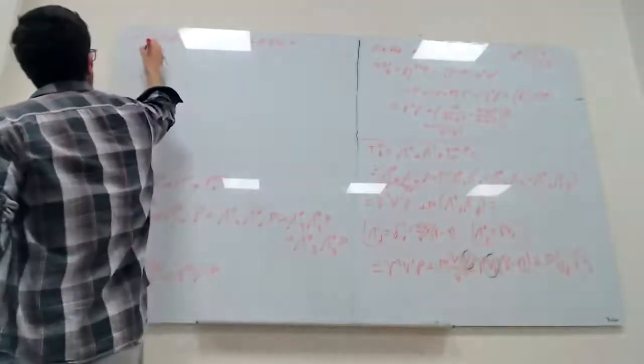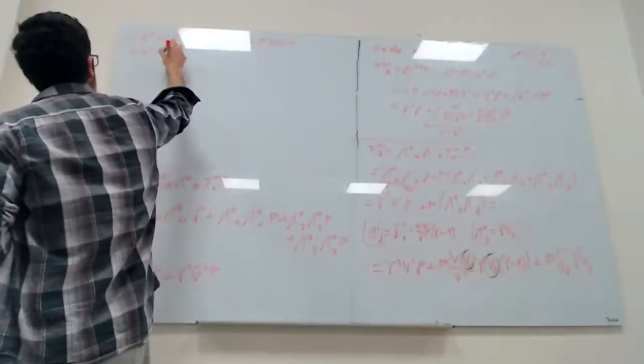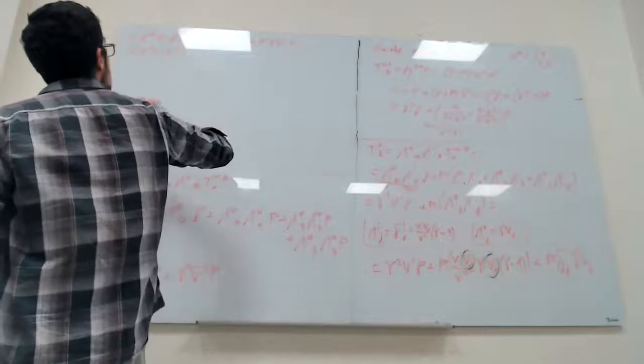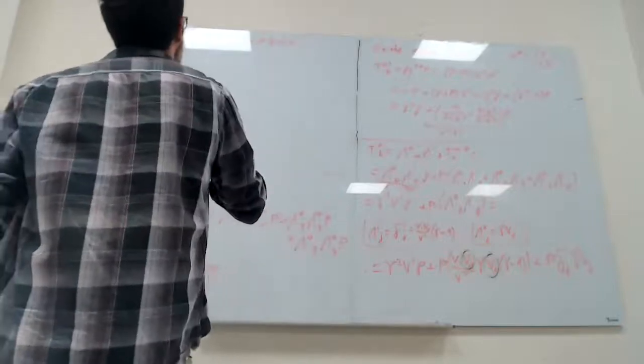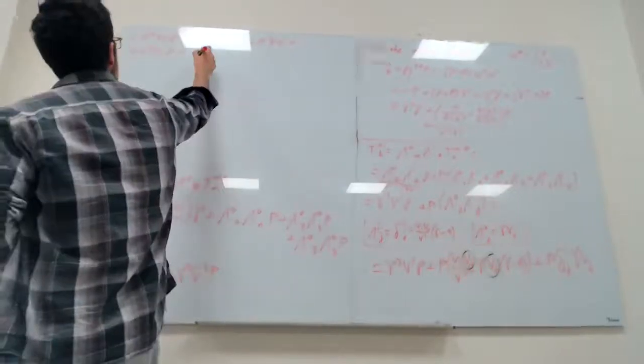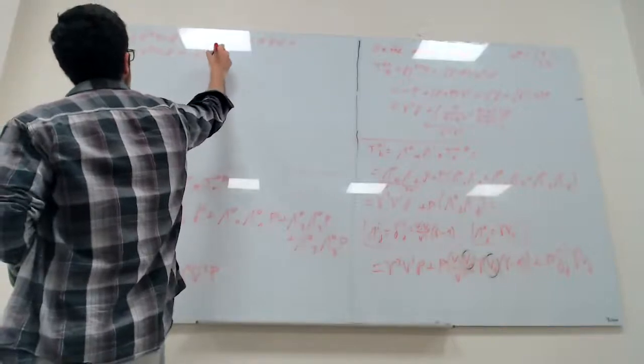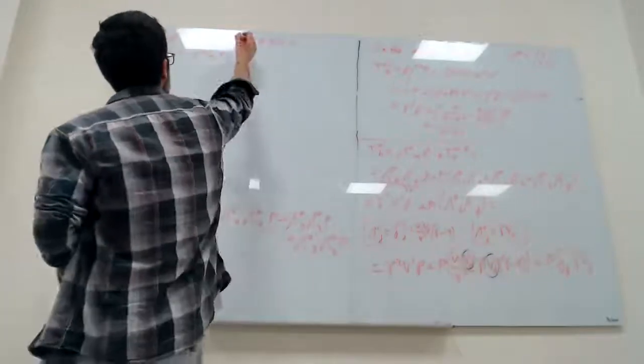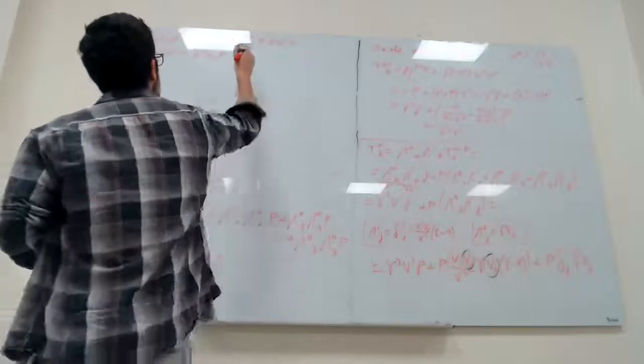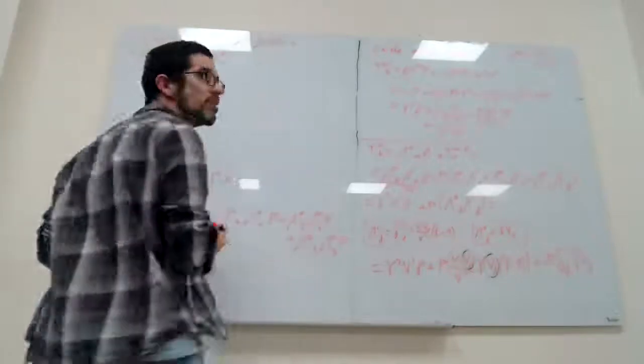That gives us gamma squared vi plus gamma squared vi. So this corresponds to this.